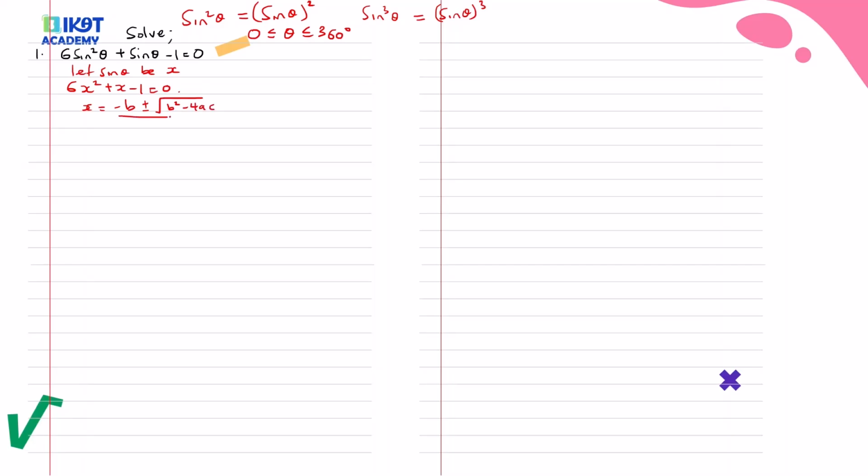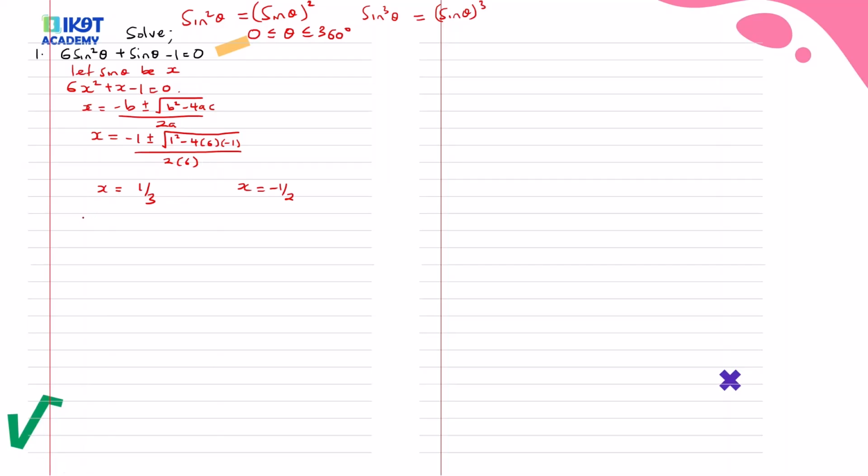If you don't have time, once you write this, you substitute negative 1 plus or minus the square root of 1 squared minus 4 into 6 into negative 1, out of 2 into 6. So x is equal to a third and x is equal to negative a half. So we've solved this. You could have used any method.